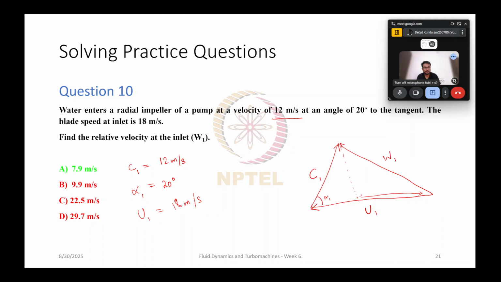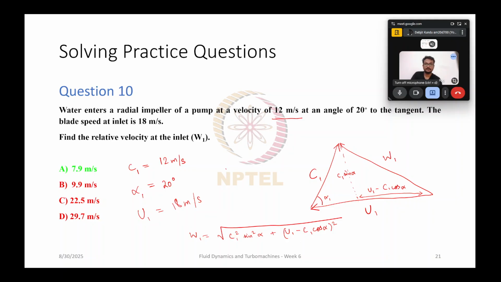This part of it would be u1 minus c1 cos alpha, and this height is c1 sine alpha, and this is a right angle triangle. So from that we can write that w1, being the hypotenuse, is the sum of the squares of the two: c1 squared sine squared alpha plus u1 minus c1 cos alpha whole squared.